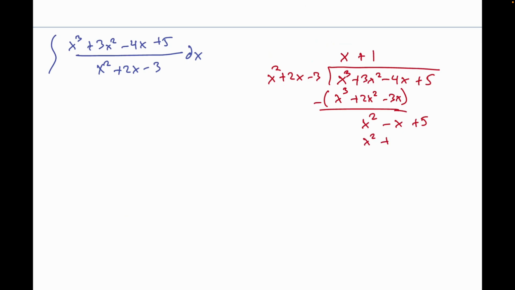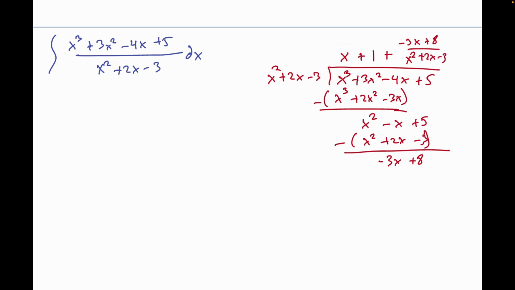We're going to multiply all that out, and subtract all of that. The x squareds go away. Negative 3x plus 8, that is my remainder. So plus negative 3x plus 8 all over x squared plus 2x minus 3.